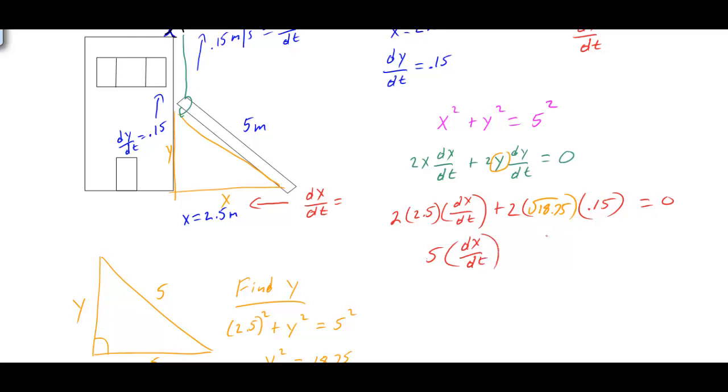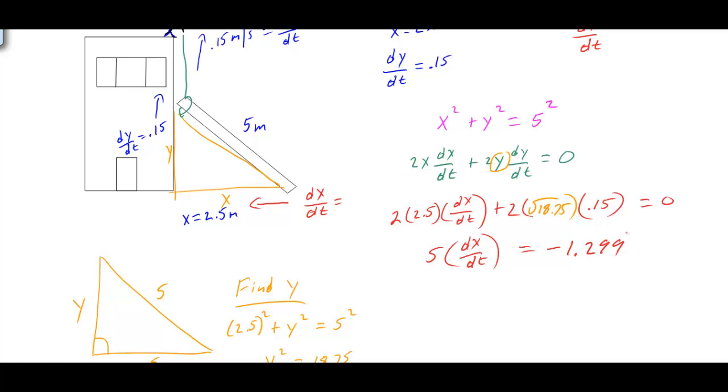And all of this, I'm going to move to the other side so we can subtract that away. So we're going to really end up with the 2 times 0.15, and that's going to be multiplied by the square root of 18.75. And if we move it to the other side, you're going to end up with approximately a negative 1.299.